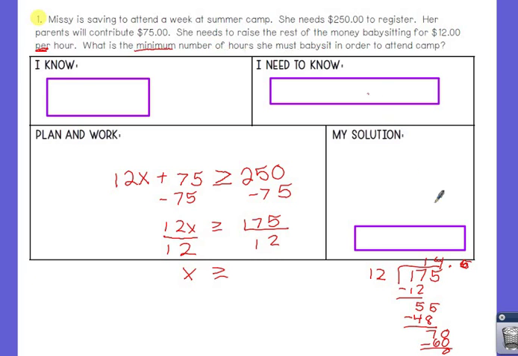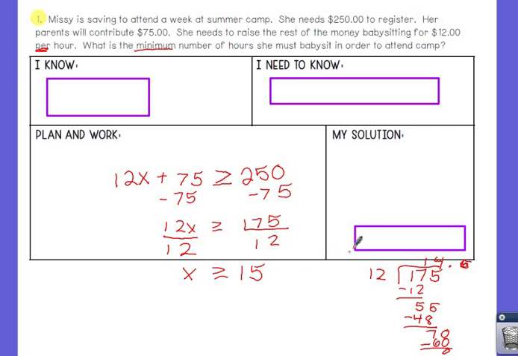Because it says, what is the minimum number of hours she must work? Well, if I have a decimal point, I can't work a fraction of an hour. They're making me work whole hours. So if I just worked 14 hours, am I going to earn enough money to go on my trip? So how many hours do I at least need to work? 15.